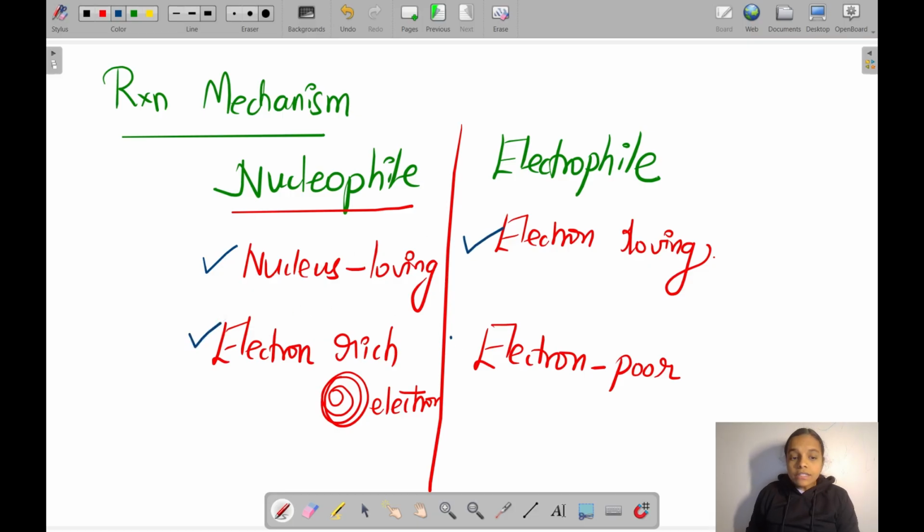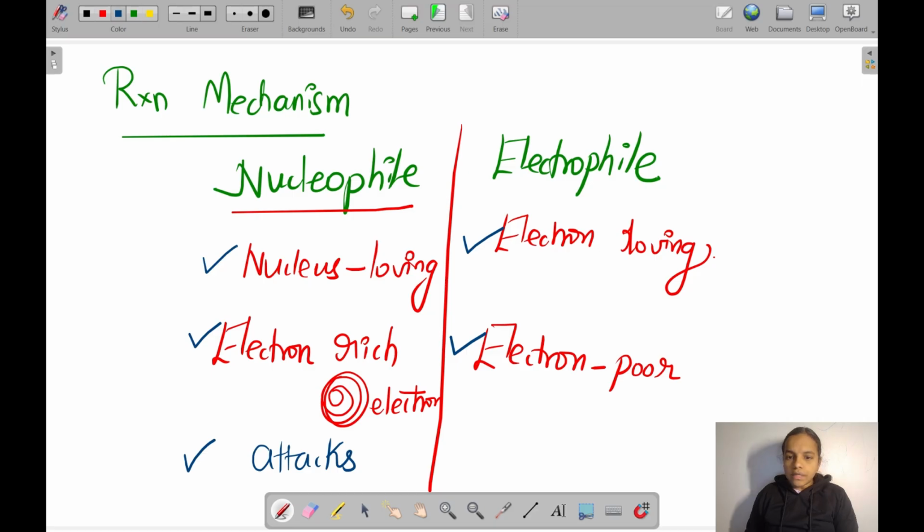So it has a lot of electrons, so it attacks the electrophile. When there are a lot more electrons, the reaction takes place in such a way that the electrons move from the nucleophile to the electrophile. So the nucleophile attacks and the electrophile gets attacked.